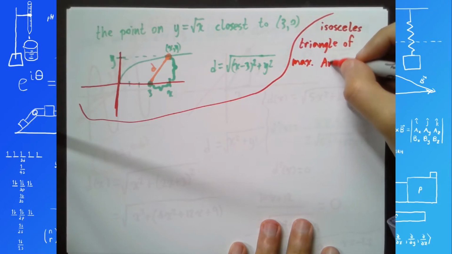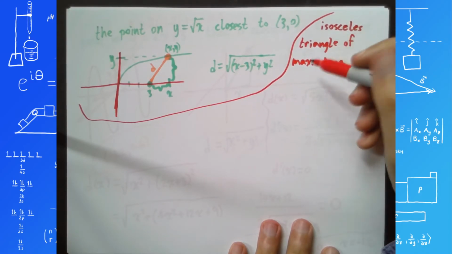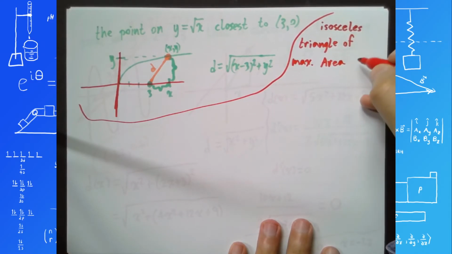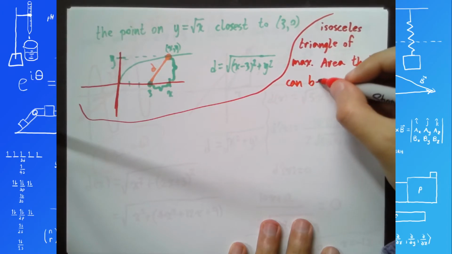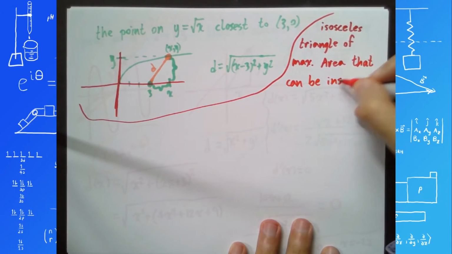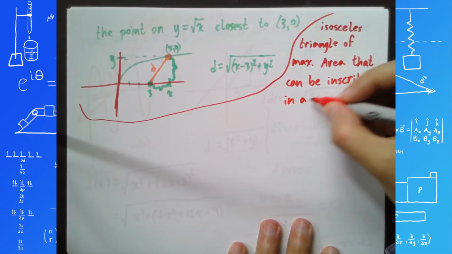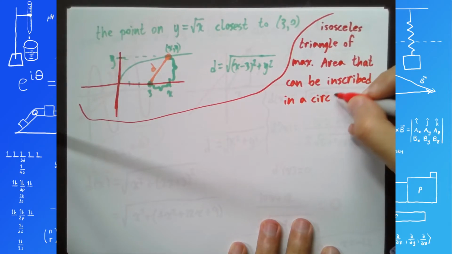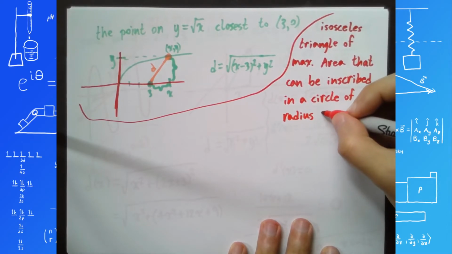Isosceles triangle of maximum area that can be inscribed in a circle of radius r.